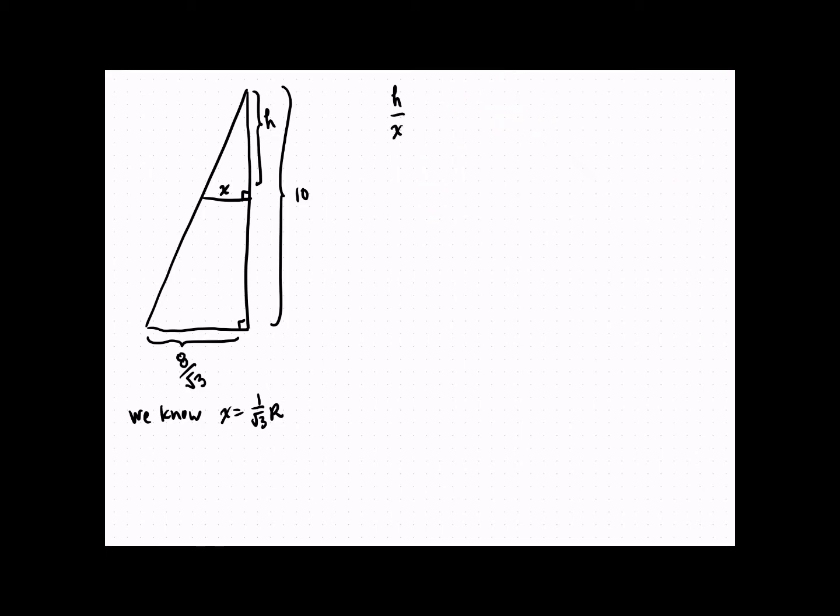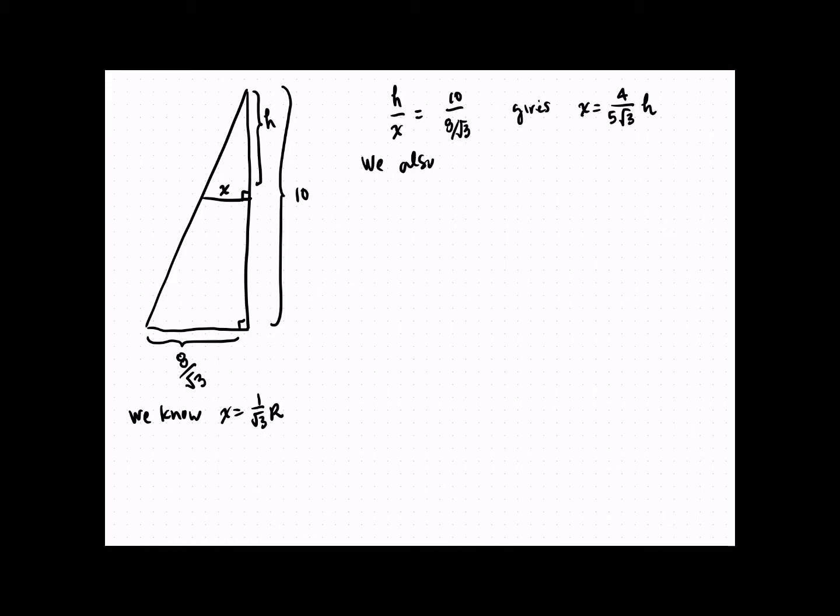H over x, the ratio of h to x is the same as the ratio of 10 over 8 root 3. So I can solve this, and that gives me x equals 4 over 5 root 3 h. So now if I know h, I can determine x.